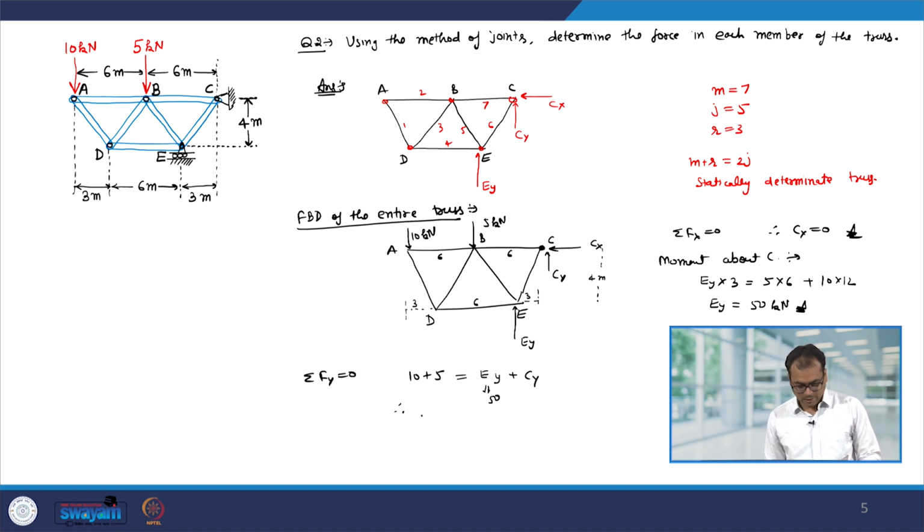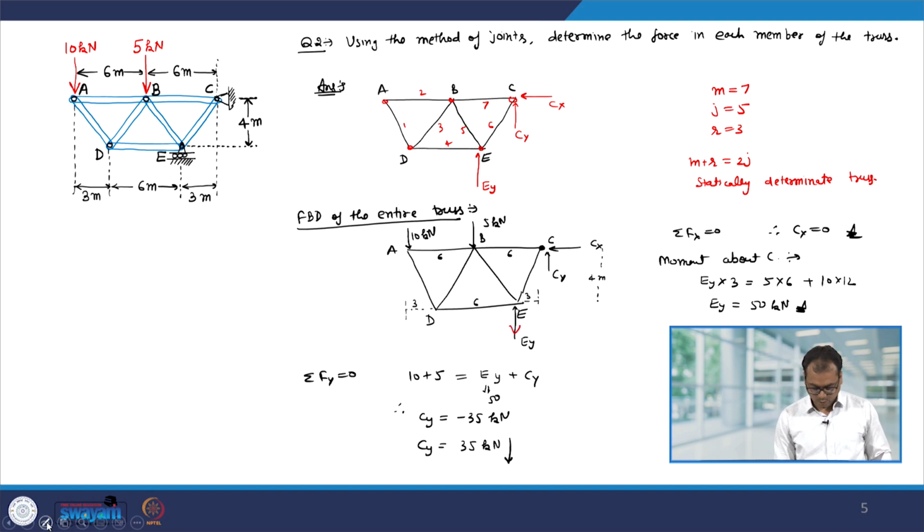Therefore, Cy will be minus 35 kilonewton, or Cy will be 35 kilonewton, but we have to change the direction. So, let us change this direction downwards. Now, to further calculate, let us look at each point, joint by joint.